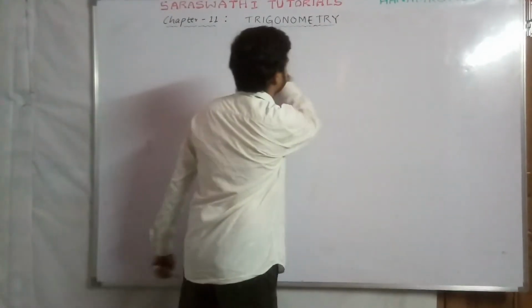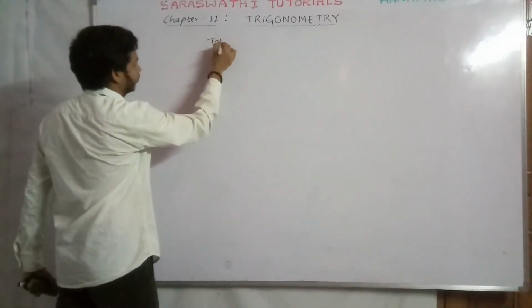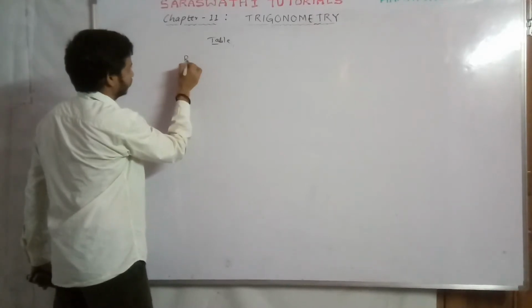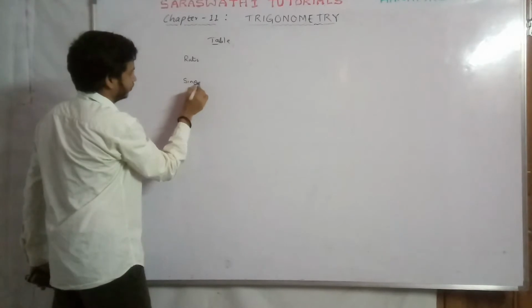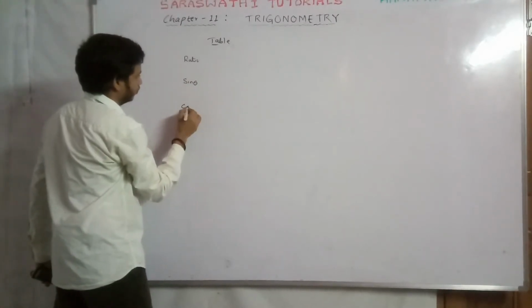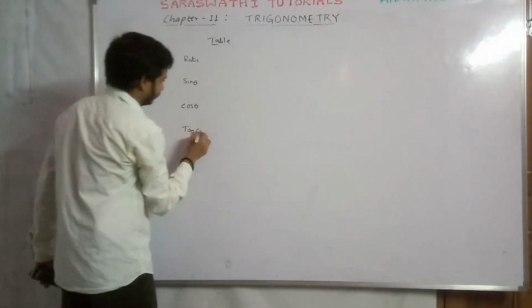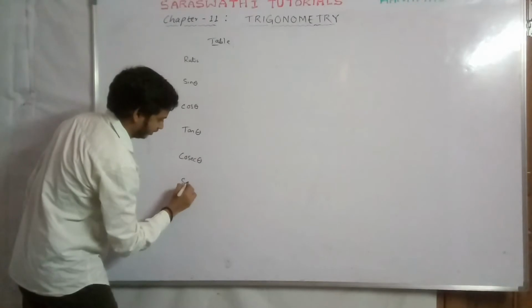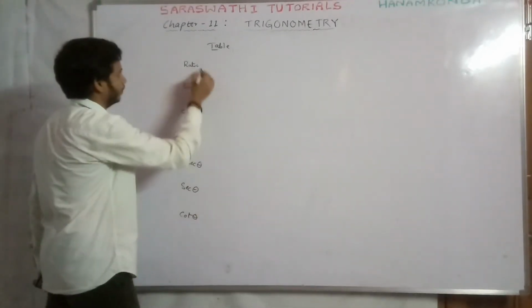So here, the table has the trigonometry ratios: sin theta, cos theta, tan theta, cosec theta, sec theta, and cot theta.